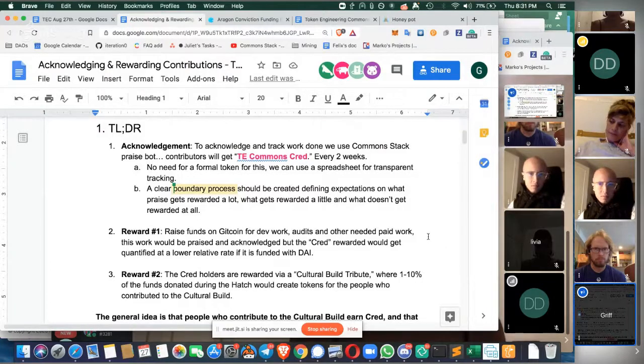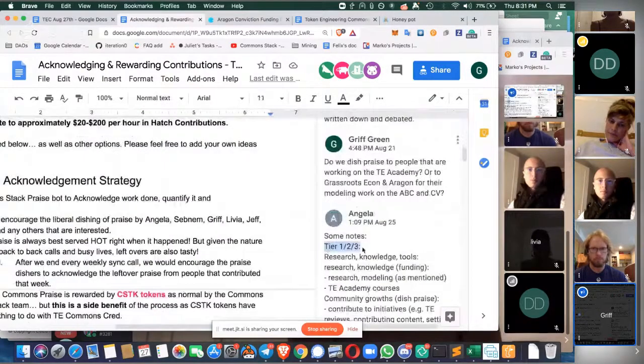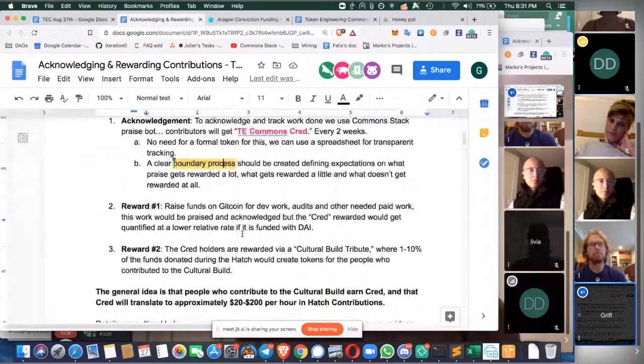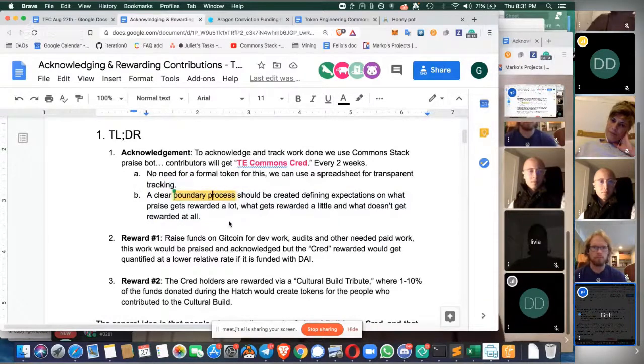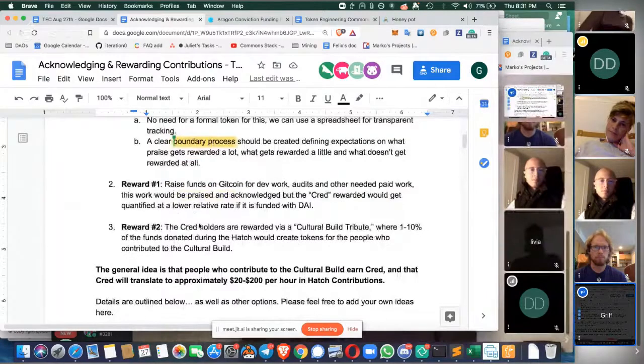Probably. And Angela made a really good comment here about using a tiered system and having some sort of concentric circles of what's obvious work on the Token Engineering Commons, what's kind of supplemental, and then what's kind of peripheral but still supports the Token Engineering Commons. So we'll need to figure this out, and if this proposal passes, we will detail that boundary process afterwards. So that's the acknowledgement side.